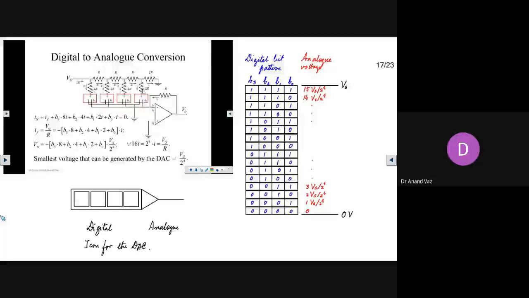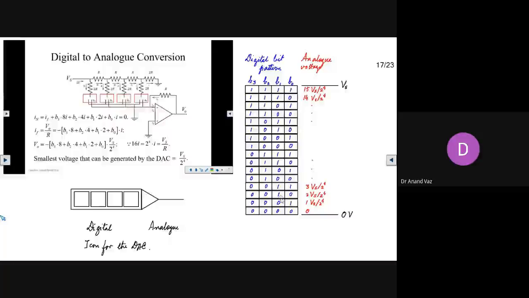So we have these various bit combinations, B0, B1, B2, B3, and we are going from 0, 0, 0, 0, gradually incrementing bit by bit. We start with 0, 0, 0, 0, and after incrementing we come finally to 1, 1, 1, 1. So in decimal terms, this corresponds to 0 and this corresponds to 15.